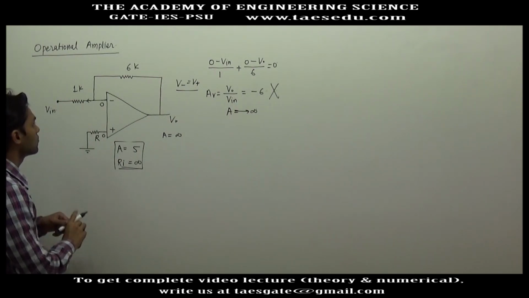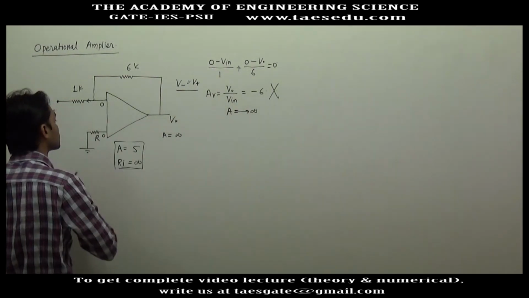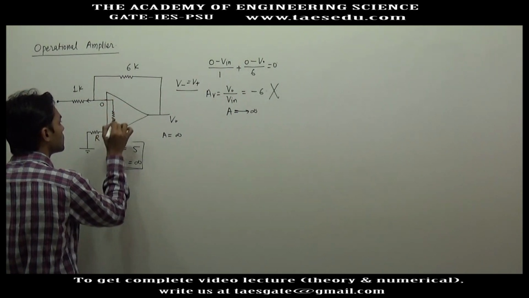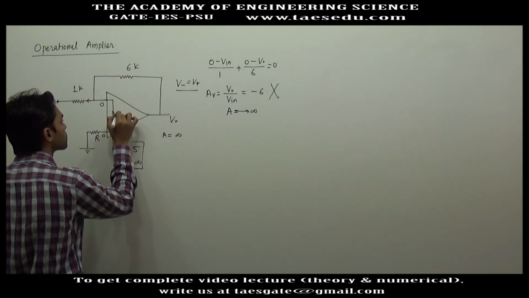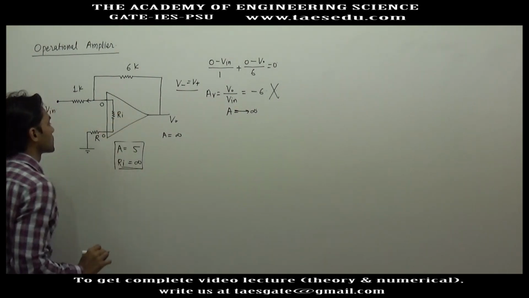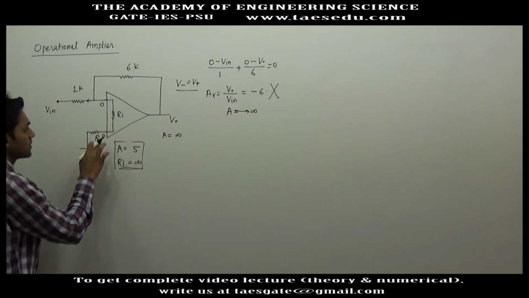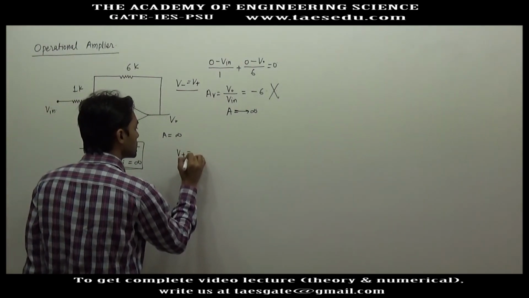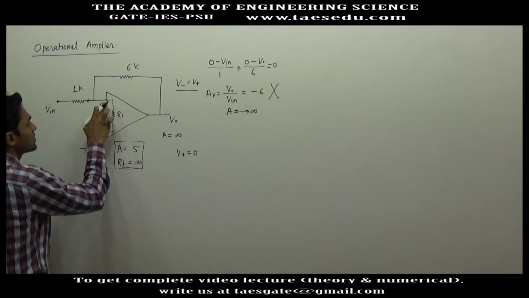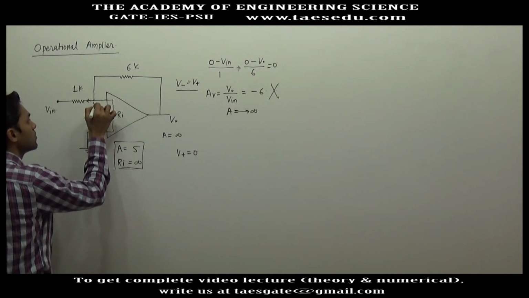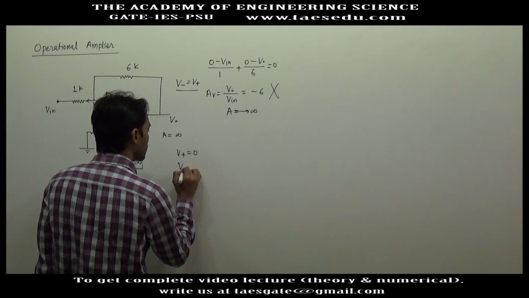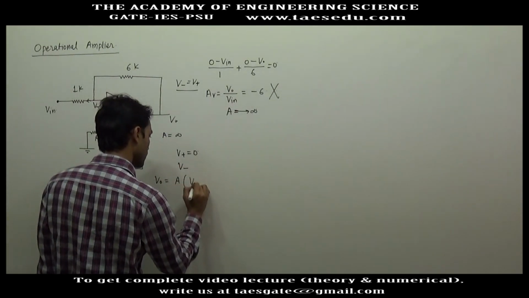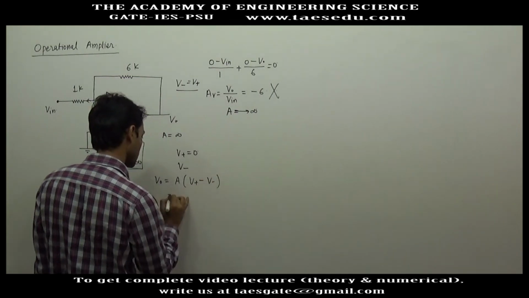To go with the procedure, I will connect an internal impedance here which tends to infinity, and this is at 0 voltage. I will take V plus as 0, and this V minus is not 0, it is an unknown for now. The output voltage is A into V plus minus V minus.